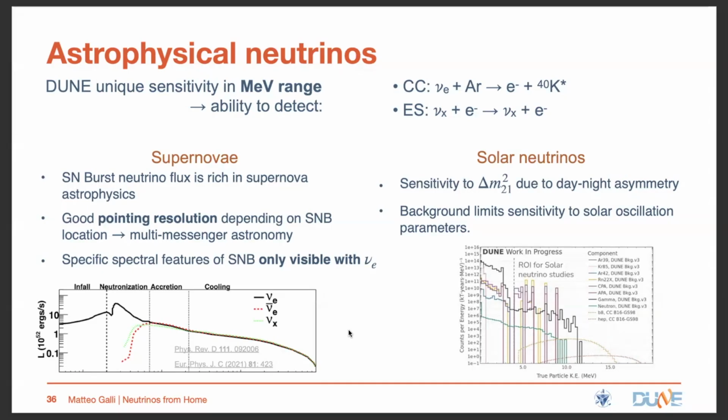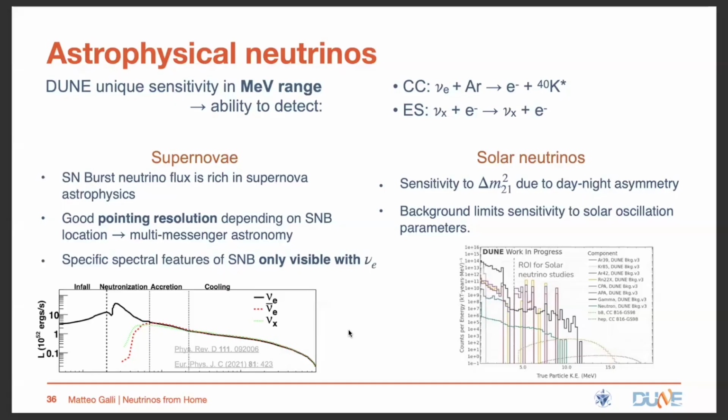And DUNE has a good pointing resolution, depending on the supernova location, that can be used to do multi-messenger astronomy. It also has a unique sensitivity to the electron neutrino burst from the supernova spectrum.